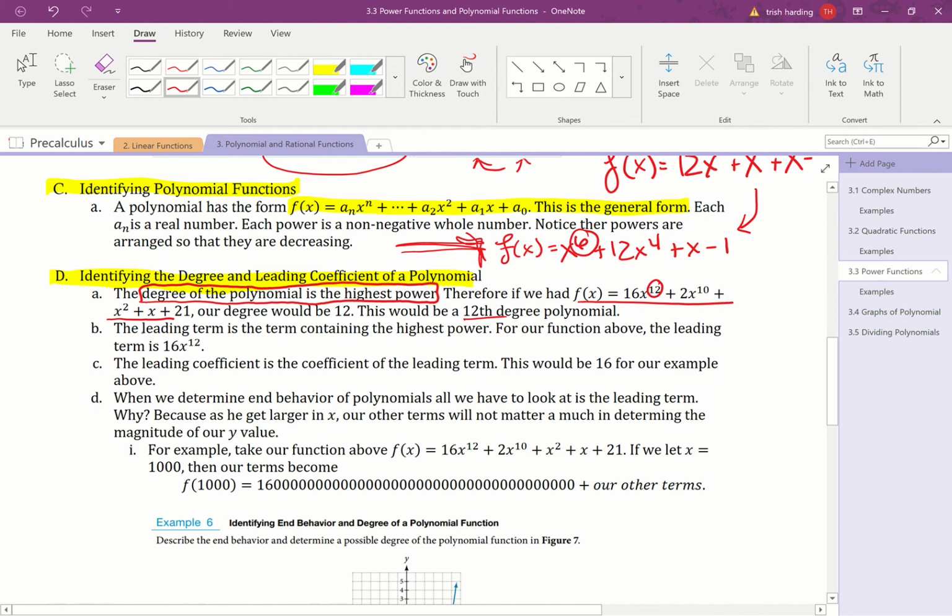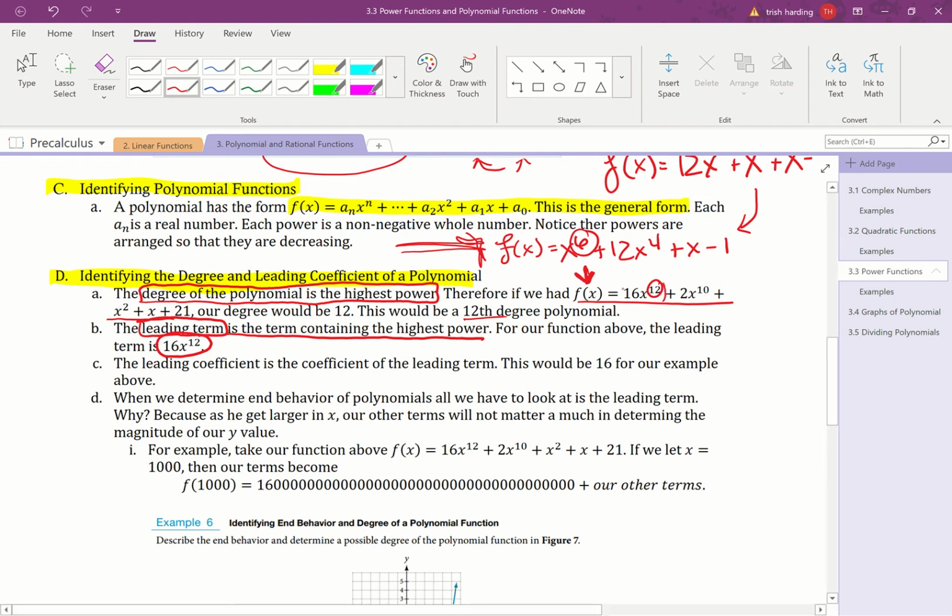The leading term is the term containing the highest power. So for us, it's 16x to the 12th, and that's from this function right here. And that's the leading term. A term is when you just take everything that is between your operation signs.